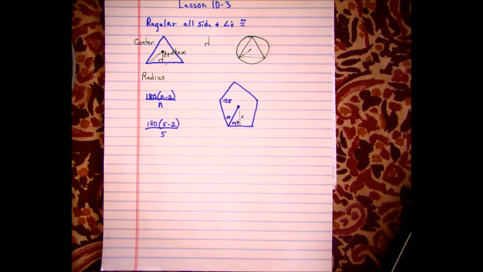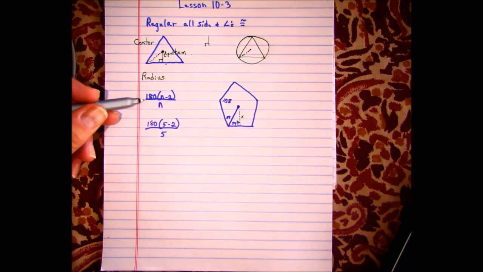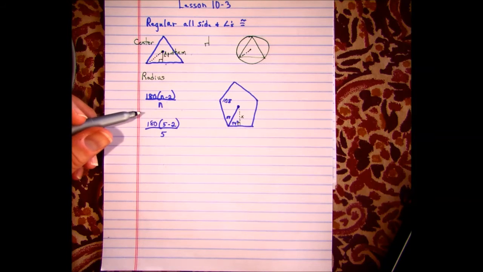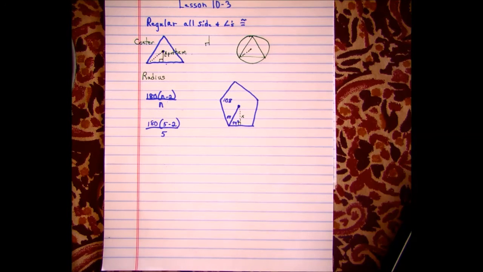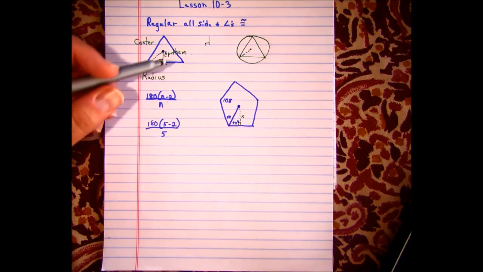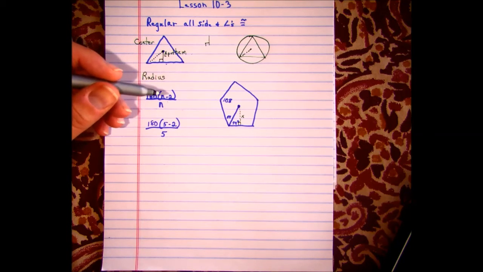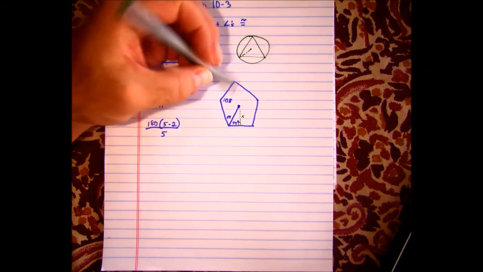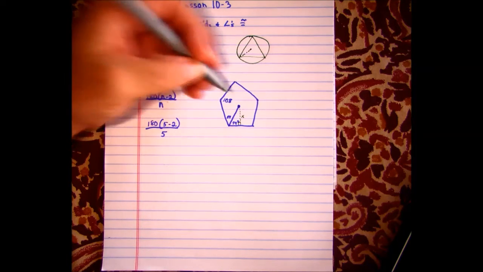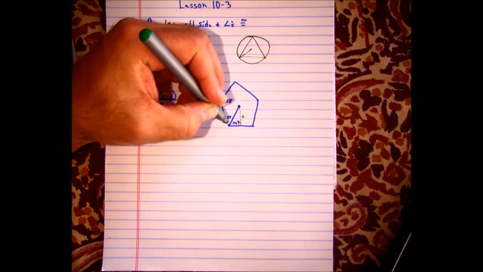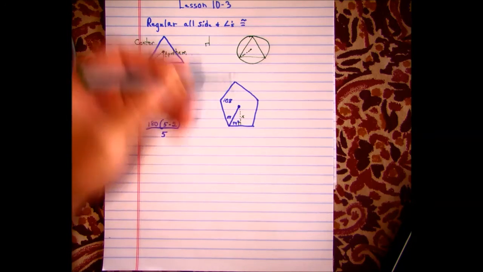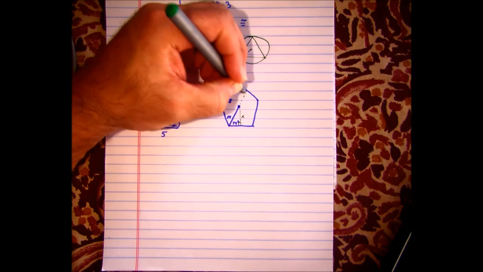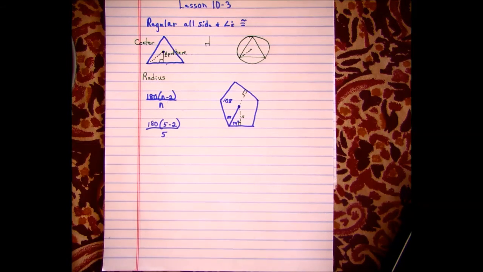Now, do you have to remember sine, cosine, tangent? No, you'll have it on the reference sheet. Do you need to remember this formula? No, you'll have it on the reference sheet. But you do have to understand what this is and how you get it. All right, so understanding those angle measurements, please understand that the radius bisects your angles. The apothem also bisects the sides.